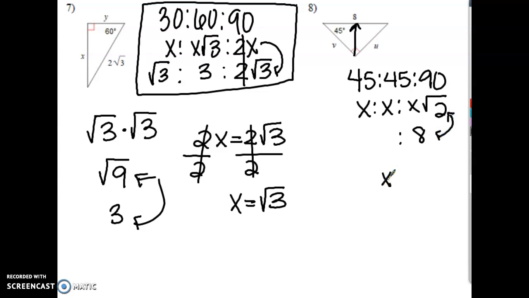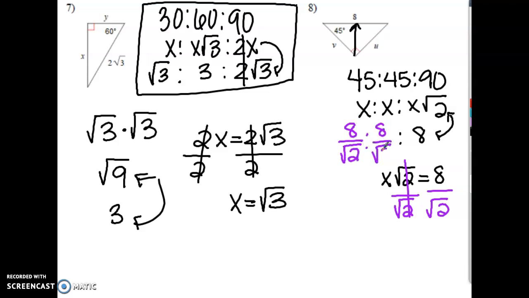So I say x square root of 2 is equal to 8. Then to get x by itself, I am going to divide both sides by square root of 2. These cancel out, and my answer here would be 8 divided by the square root of 2. And this here is my answer in its entirety.